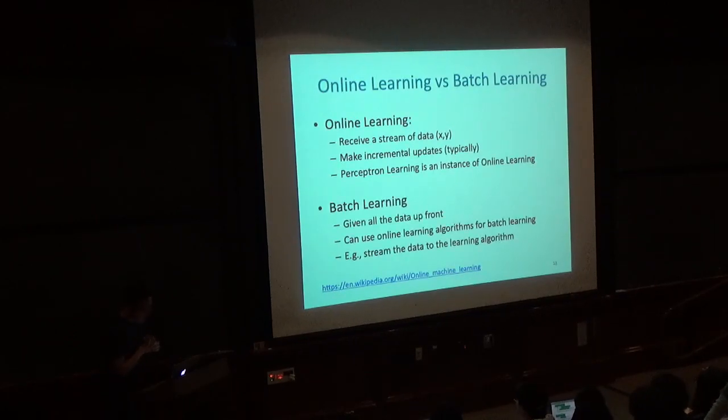In batch learning, all the data is given to you up front. So we're given a data set. And we then do something on this data set to do learning. Many of the popular learning algorithms in the batch setting are in fact online learning algorithms. You just simply write a for loop that loops over your training data and then feed it into an online learning algorithm. There are many reasons for this. Online learning is often an easier setting to analyze, and it's often convenient because you're only processing a few data points at a time.